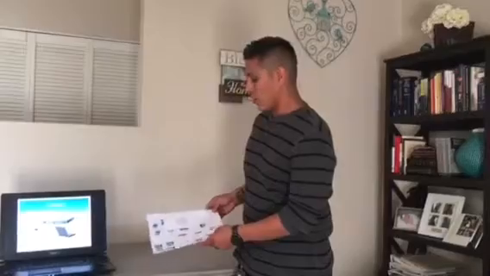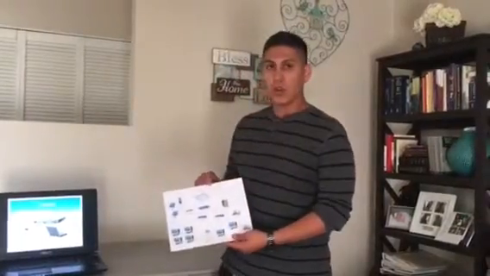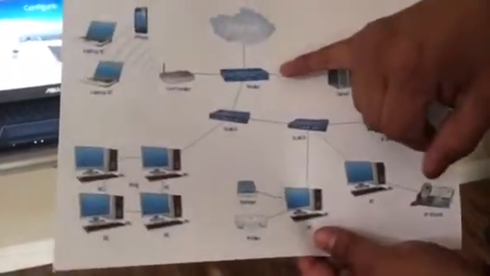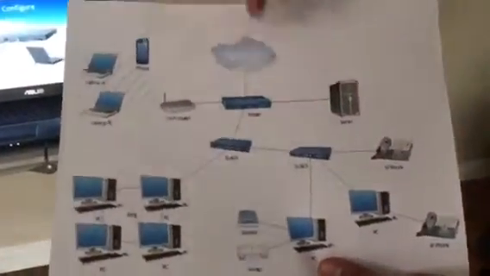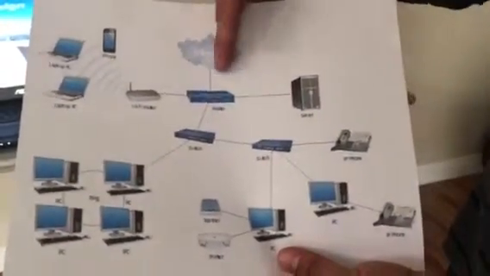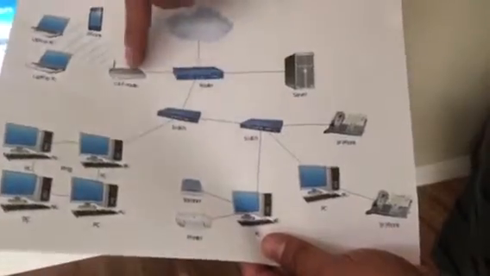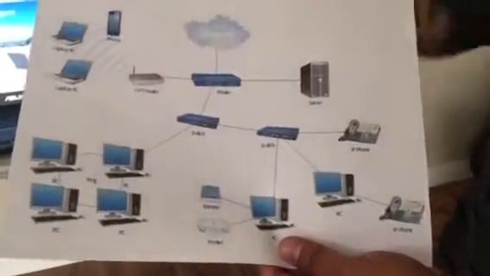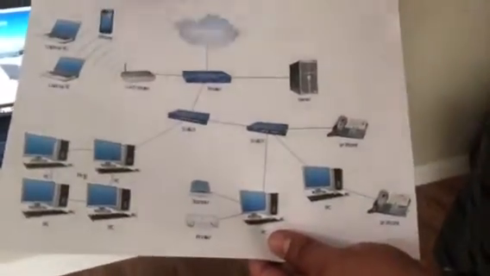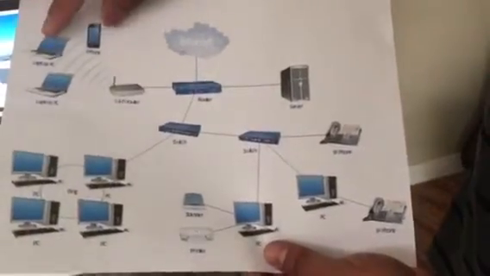So the last thing I'm going to cover here is a network diagram. What this network diagram is going to show you is the layout of a network, and how the router is incorporated. So it comes from the ISP, Internet Service Provider, down to the router. From the router, it goes to a wireless device, which will go off to the wireless devices that connect to the internet.